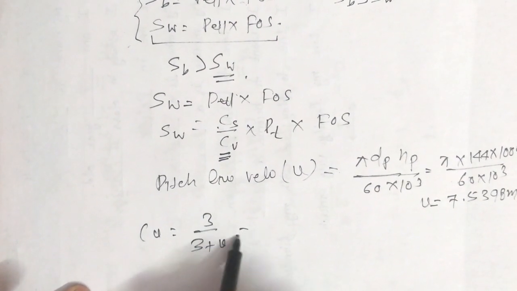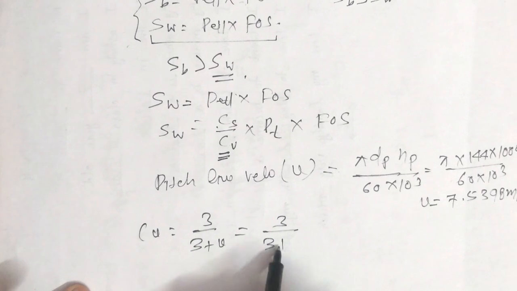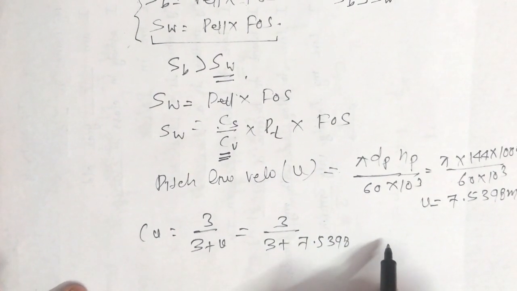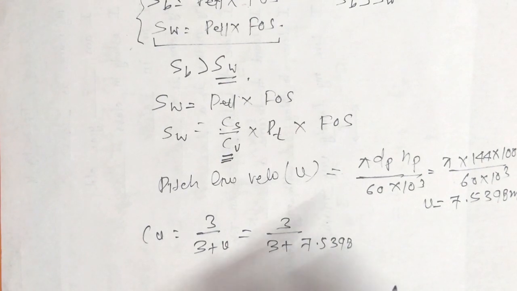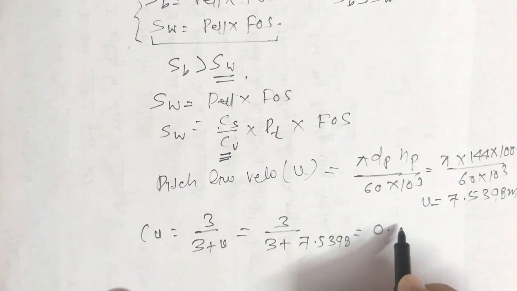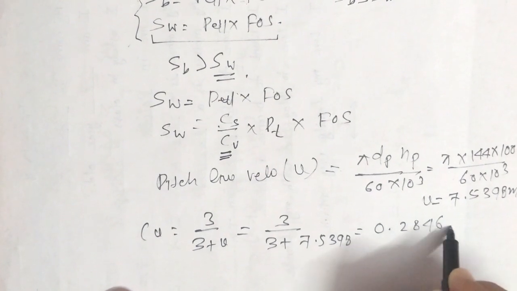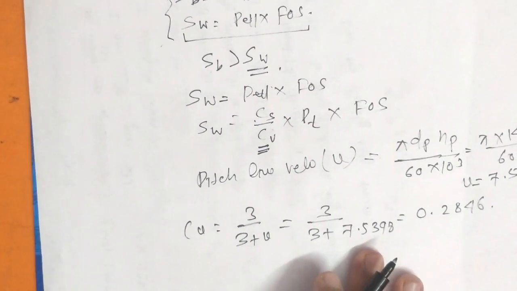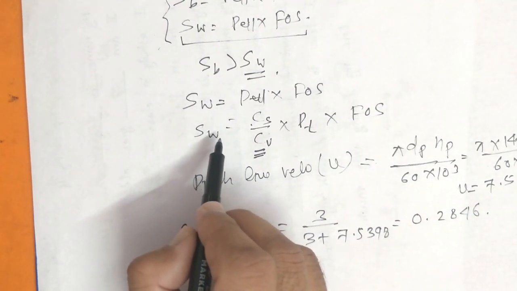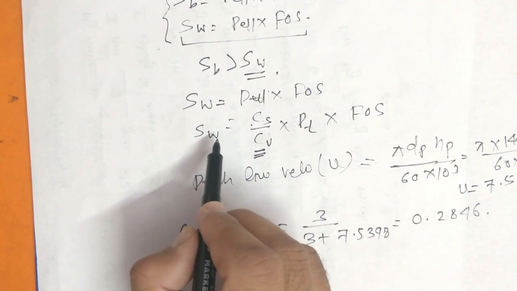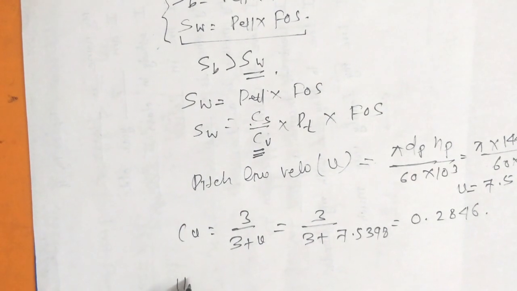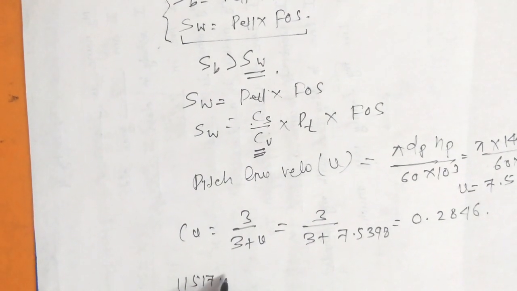So using this pitch line velocity we can find out the velocity factor CV, 3 over 3 plus pitch line velocity, so 3 over 3 plus 7.5398. So after putting this value, CV becomes 0.2846. So now we'll put all these values in the SW wear strength formula, and we'll have 11,517.12.